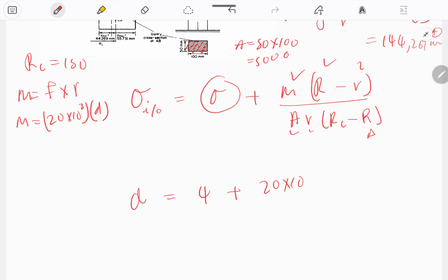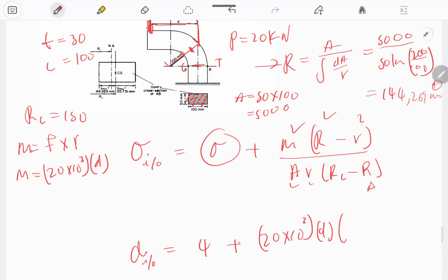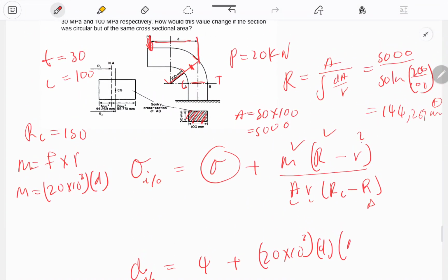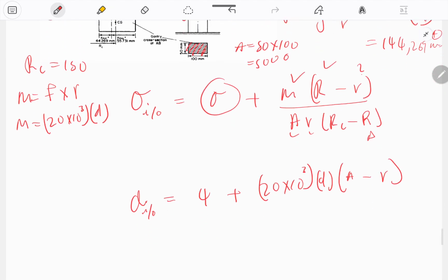Let me keep this guy here. I outside. I'm writing M, and then that means I'll have a D here. R, what R is that one? Is this one. Neutral axis, which is dot at A. Let me just minus, is the one that we're interested in. We haven't decided.